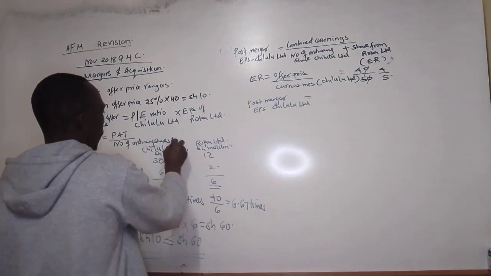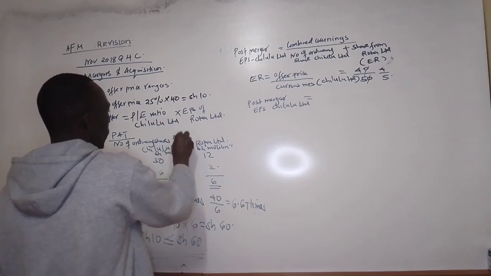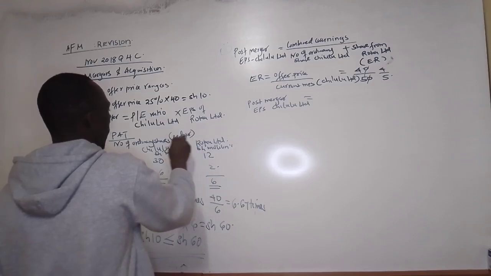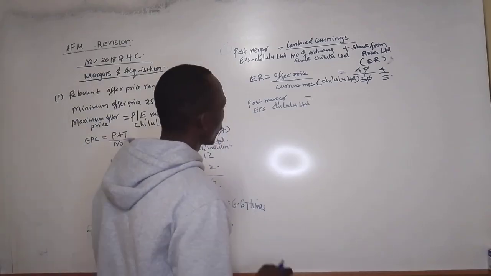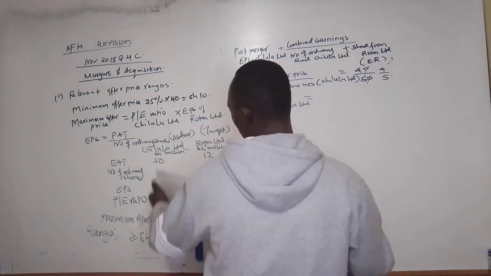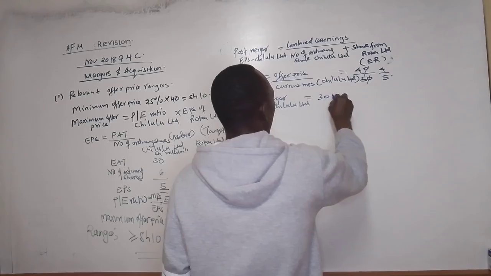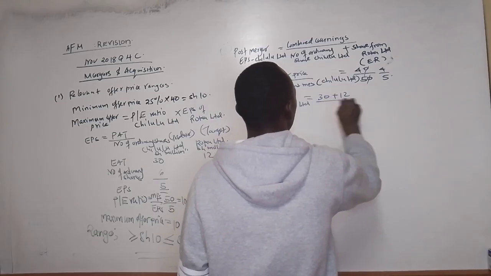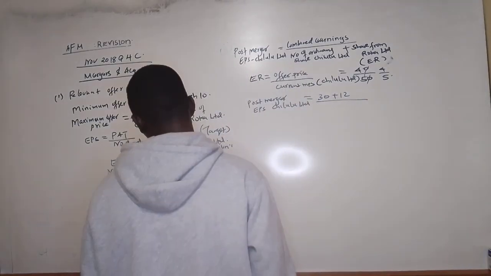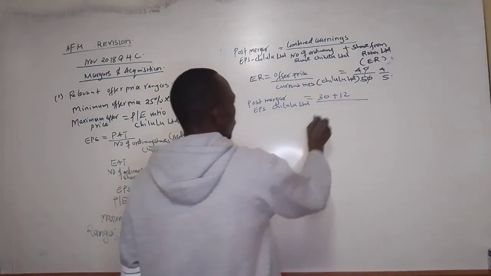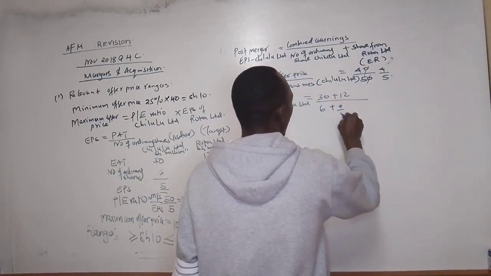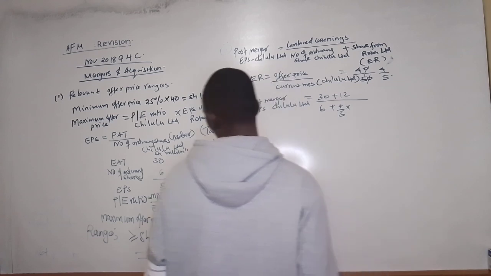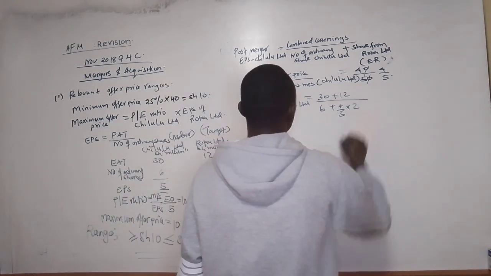Remember, this is the predator company and this is the target company. So we have 30 plus 12, then you divide by the number of ordinary shares, 6 plus 4 over 5 multiplied by 2.